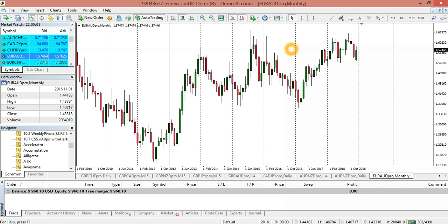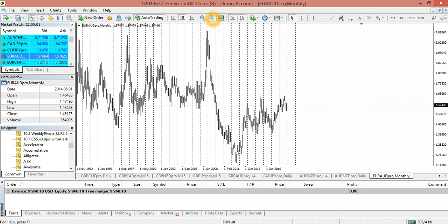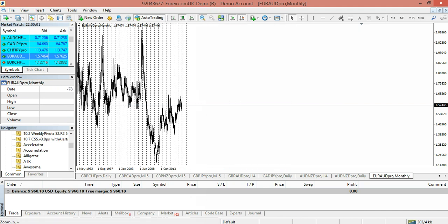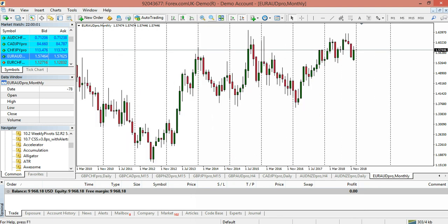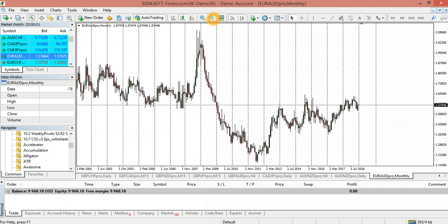The purpose of me going to the monthly time frame is to determine direction. I want to get a bigger picture, so I zoom out to see what exactly is happening. I will take a bird's eye view of the currency pair, and I will zoom in and out just to see what is happening. And we're going to use our 5 steps to trading.